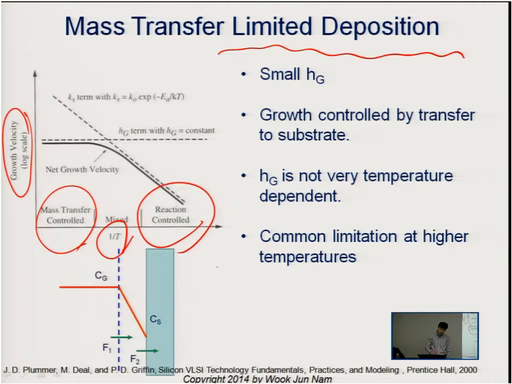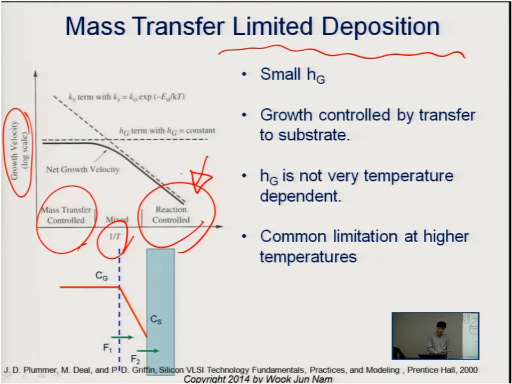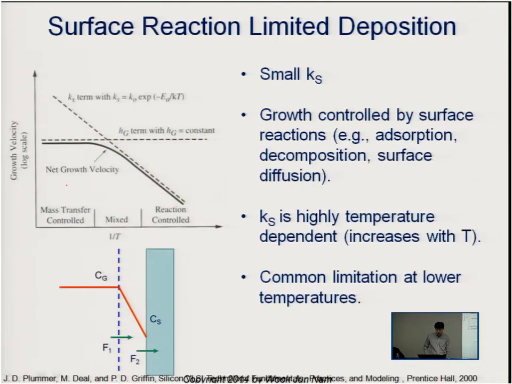As the reaction temperature gets pretty low, the chemical reaction speed is very slow. In that case, transportation of the reaction gas is not a problem, but the chemical reaction speed at the surface limits the entire growth speed. So depending on the temperature, there are two different regimes limiting the deposition rate.